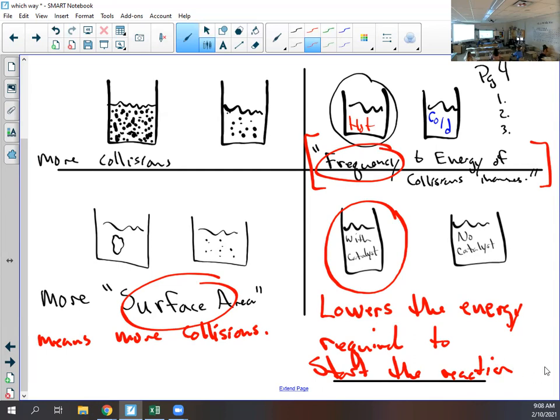So if I don't have to climb as big a hill, I can get over the hill faster. You okay with that? The catalyst lowers the hill for me.